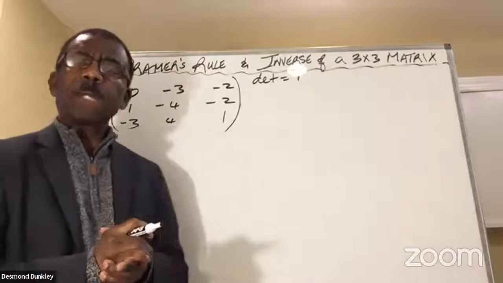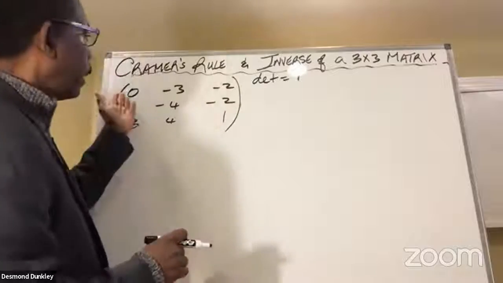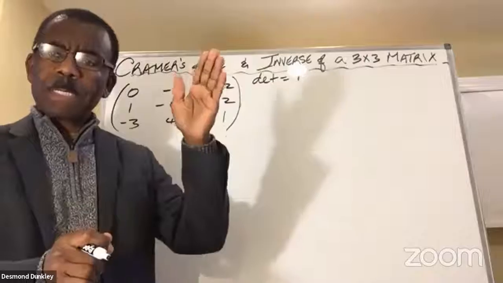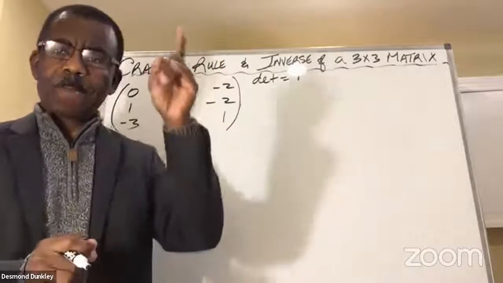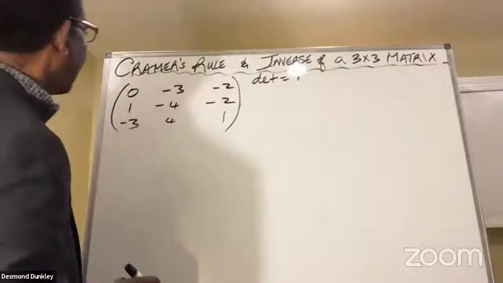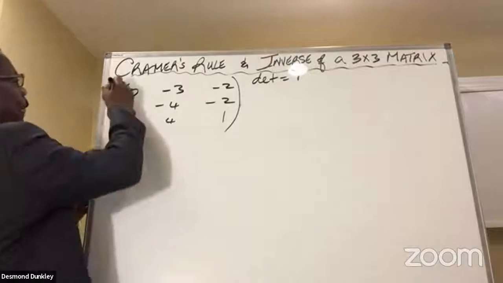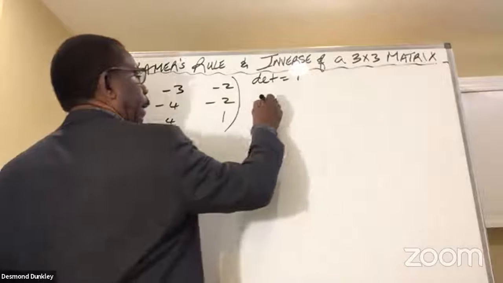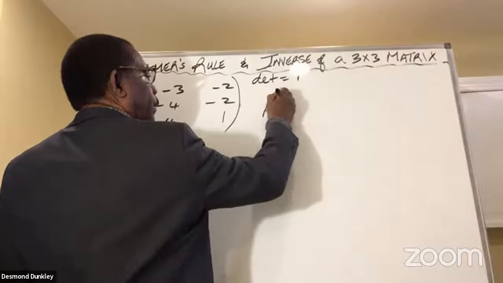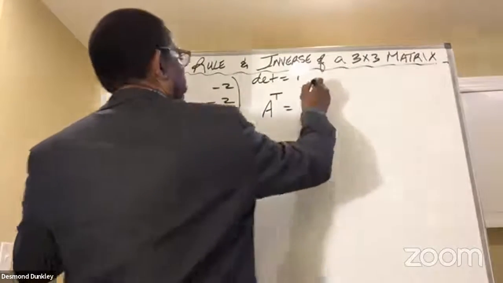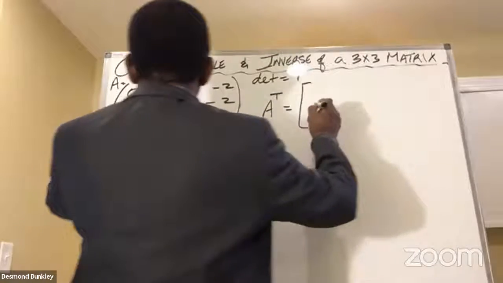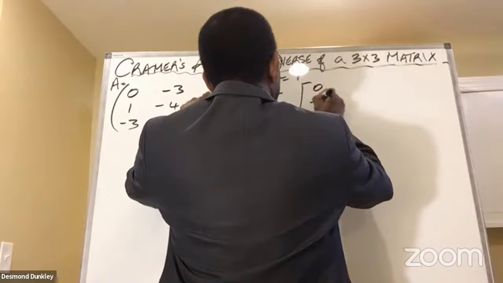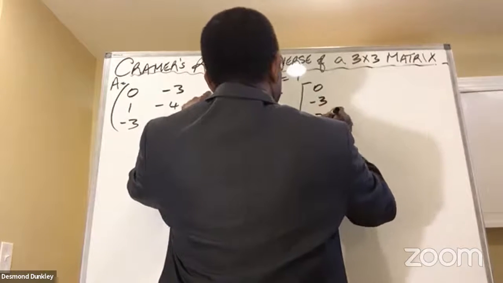What does it mean to transpose? To transpose means that the first row becomes the first column. The second row becomes the second column. The third row becomes the third column. So let's suppose we call this matrix A. So A transpose is equal to, so the first row becomes the first column, so 0, -3, -2.